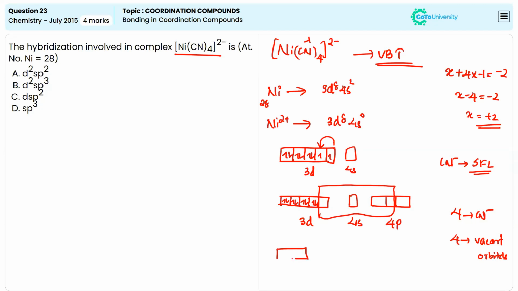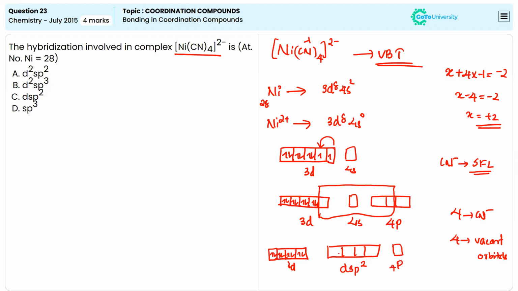After the hybridization, the electronic configuration will be like this. These orbitals will be 3d and these are the hybridized orbitals, that is 1d, 1s and 2p. So the hybridization is dsp2, and one 4p orbital will be unhybridized.